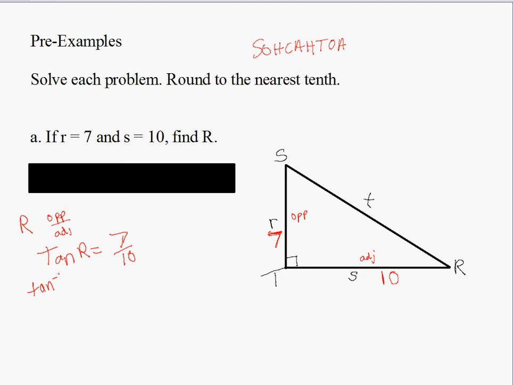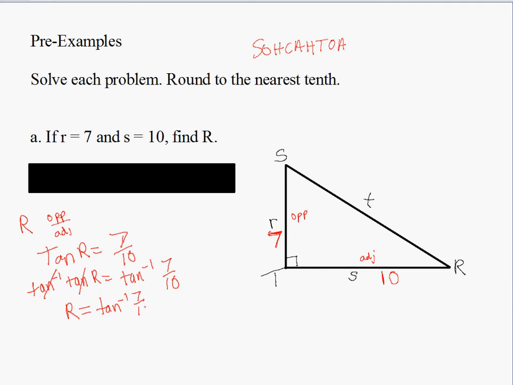So R is equal to the inverse tangent of 7 over 10. Remember, this is a function. We did that because we want to cancel out the tangent and be left with R.